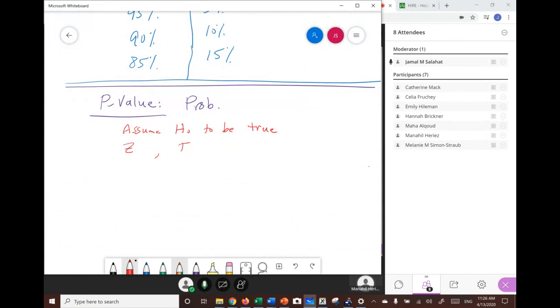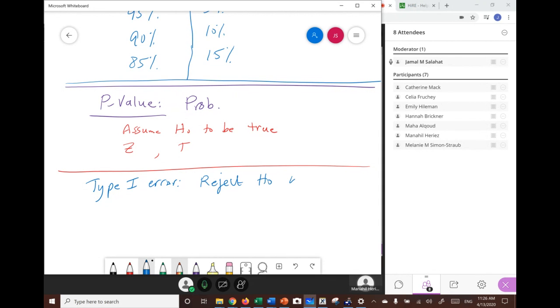Now, let me go back to type 1 error and type 2 error. Again, we're going to define two types of error. The first one is type 1 error. Type 1 error is when we reject H naught when it's true. Now, let me give you an example.